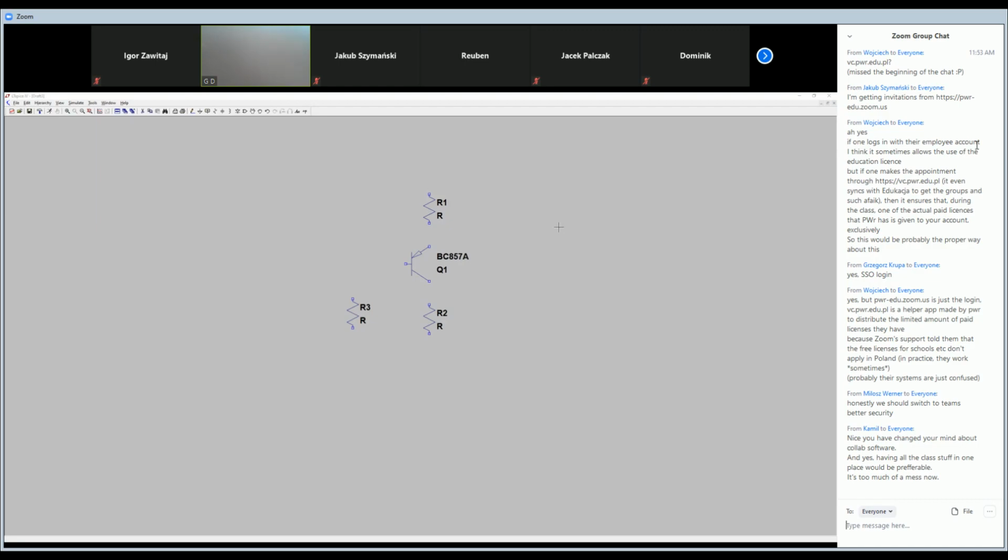We have to find the voltage. Yes, got it. We have to put here the ground. And very quickly, let's connect all the wires.